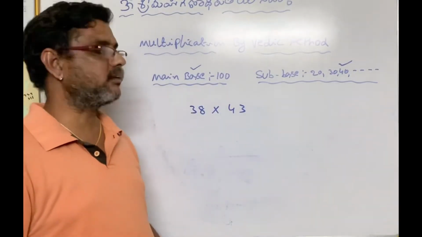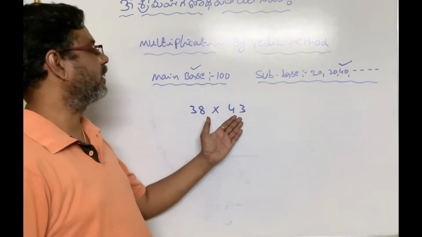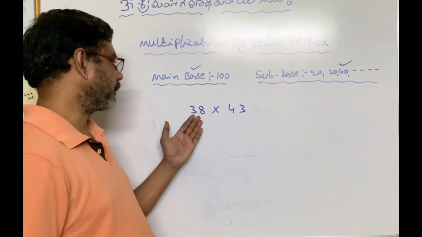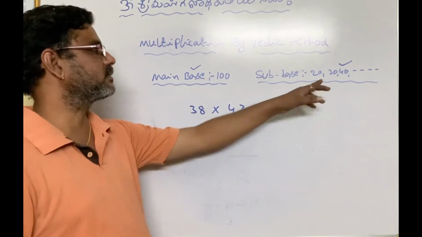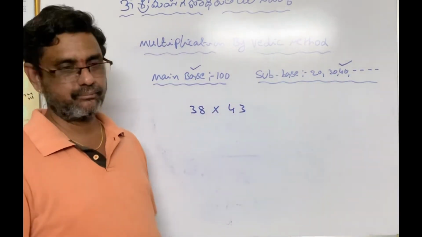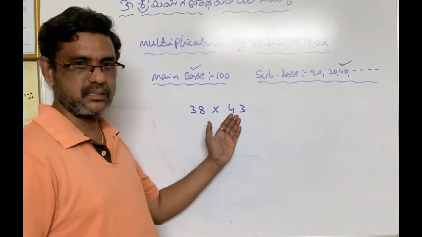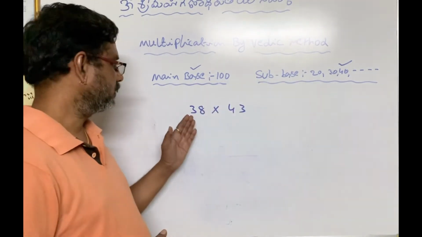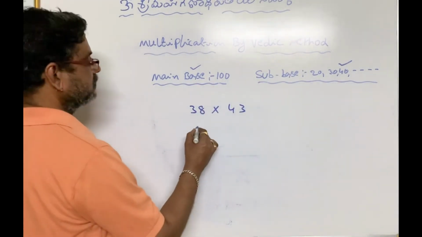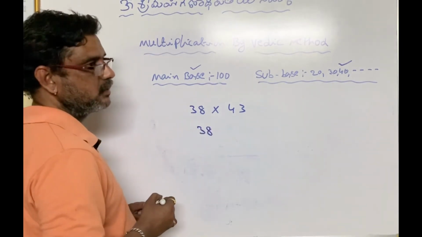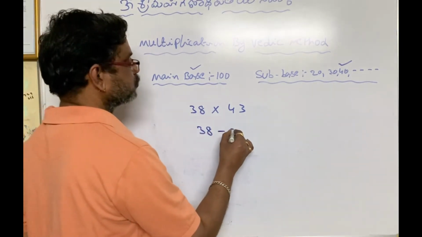Let us consider one more example, 38 into 43. If you observe these two numbers, both are near to the sub base 40. But this number is below the base and this number is above the base. So first I will write like this. 38, since it is 2 less than the base, I will write minus 2.